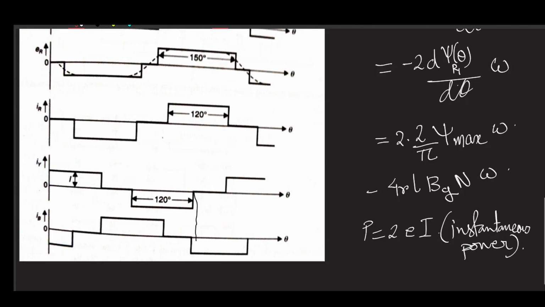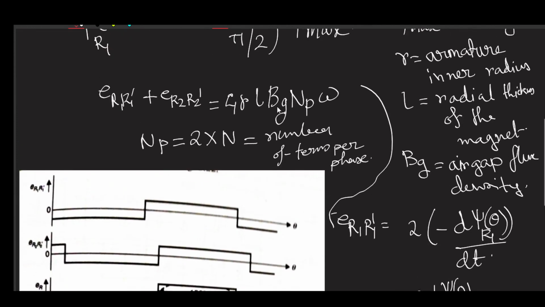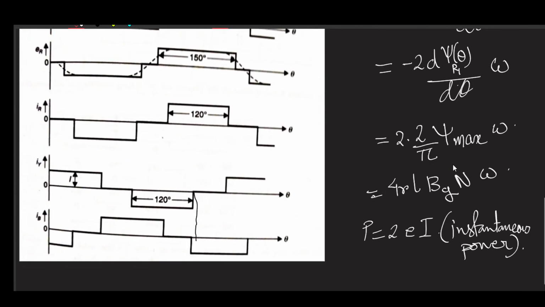Now we can write from the EMF equation. This is our total EMF for a particular phase. So the power equation will be how much? It will be... the torque equation will be how much?